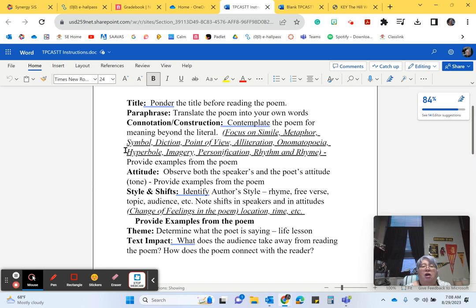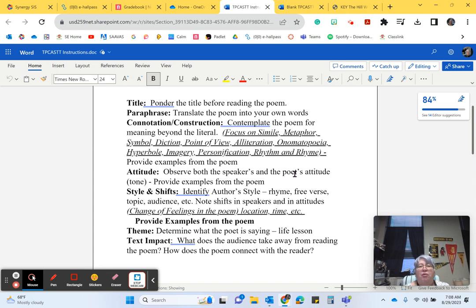So all of these are options that you can analyze, and what you'll do is you'll put the term, the quote from the poem that illustrates the term, and then an explanation of how you know that that quote is an example of personification, or how you know the author is using rhythm and rhyme, or how the author is using imagery.